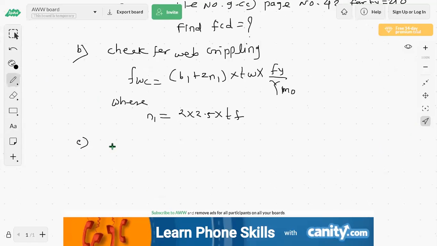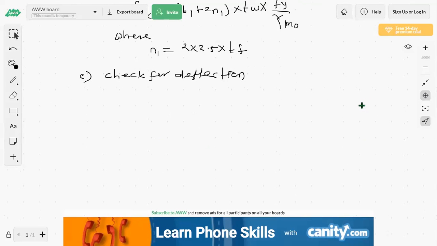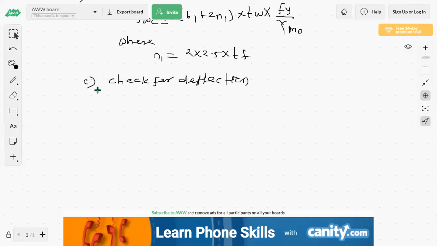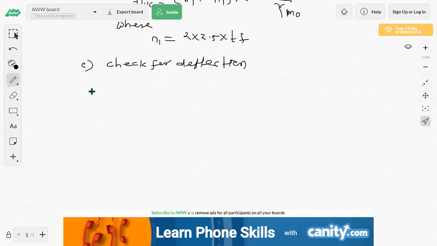And third is the check for deflection. Here one important point we have to write. Write first a note here.